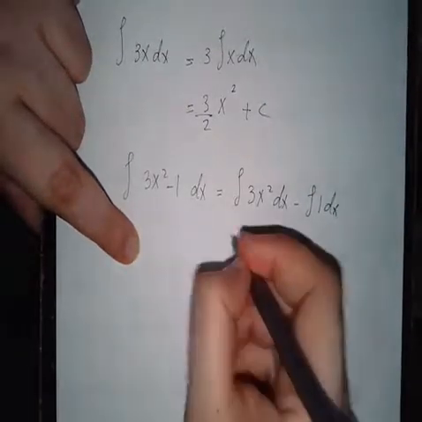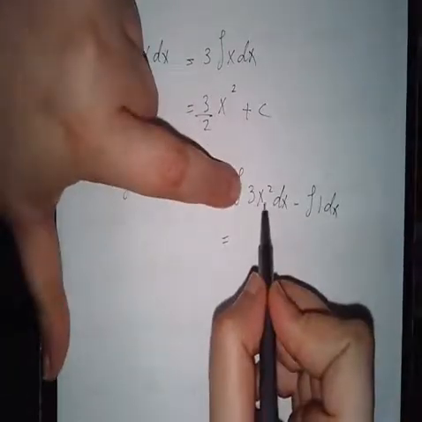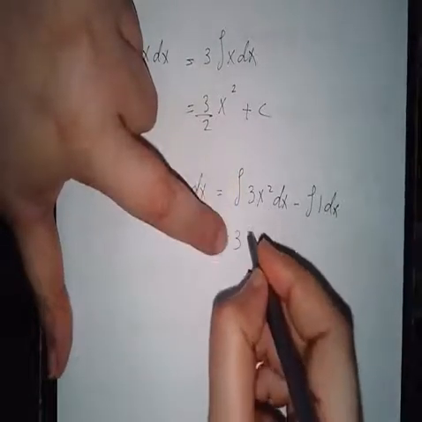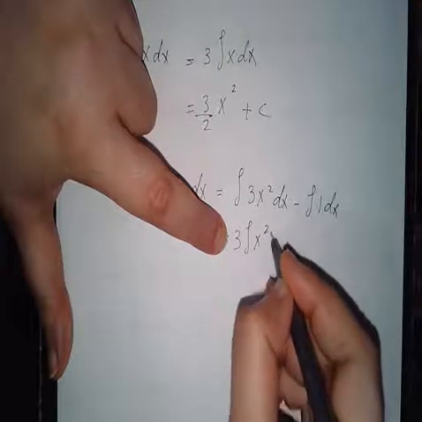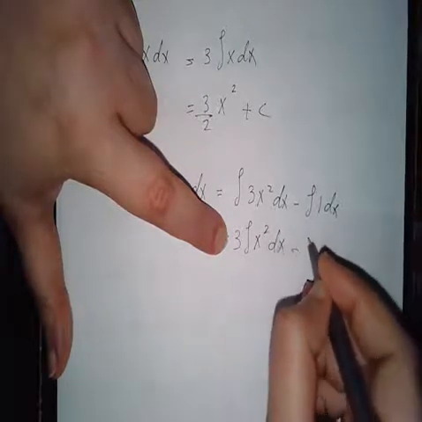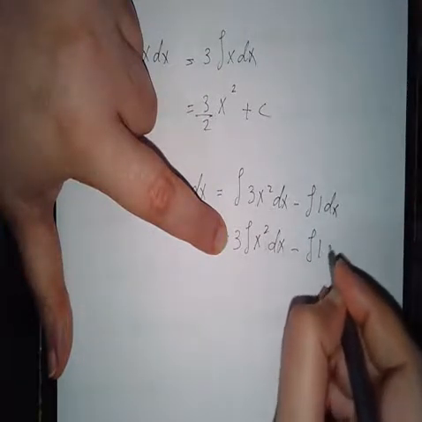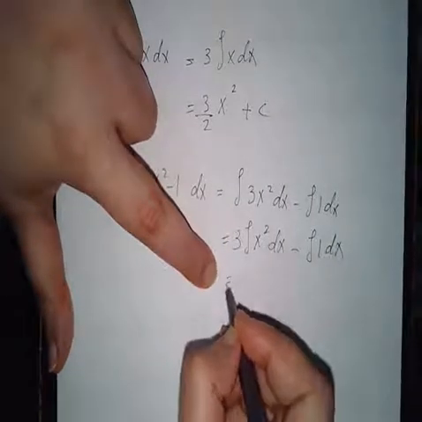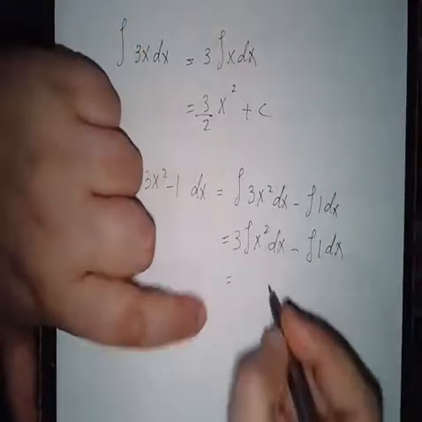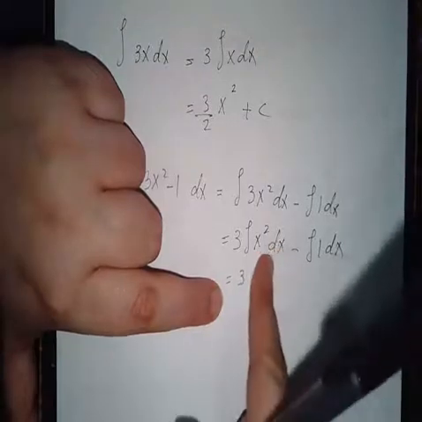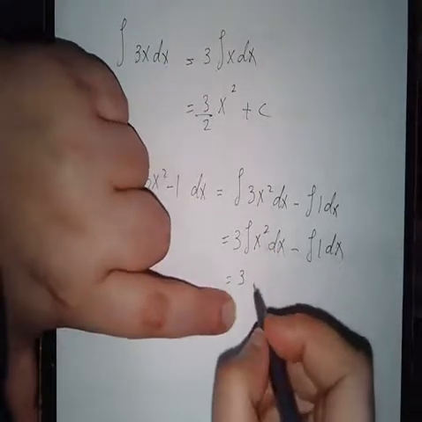Yeah? So, over here, 3 can be taken out. So this is me trying to use as many of the basic rules I showed you, hoping that that would give you a little practice, right? So the 3 remains out. It's only multiplied to the first one though. Notice that. Okay.